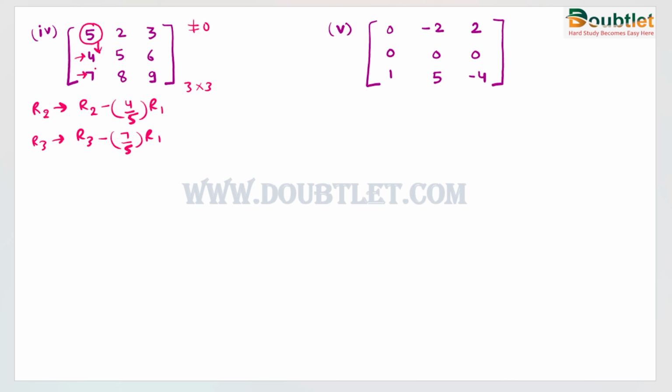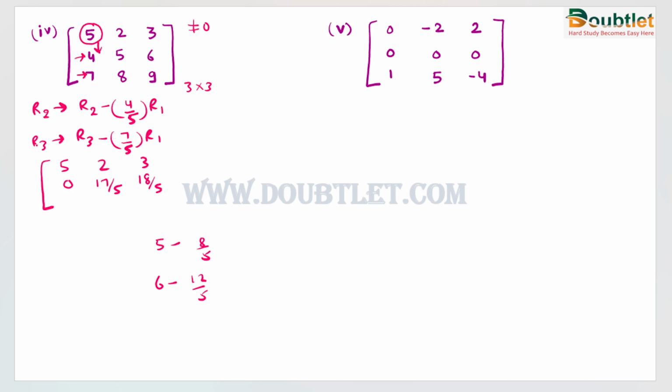With these operations, this 4 and this 7 will become 0. So we will do the calculation. It will become 0. For the 5 minus, this will become 8 by 5, so it will become 25 minus 8, 17 divided by 5. For the 6 minus, this is 12 divided by 5, so it will become 18 divided by 5.